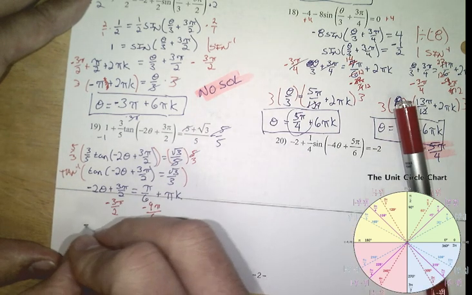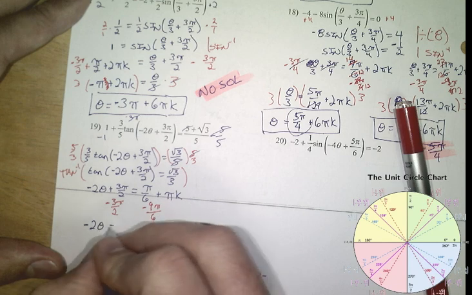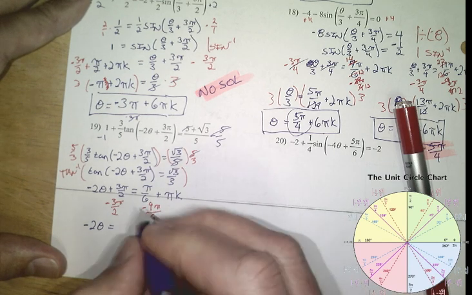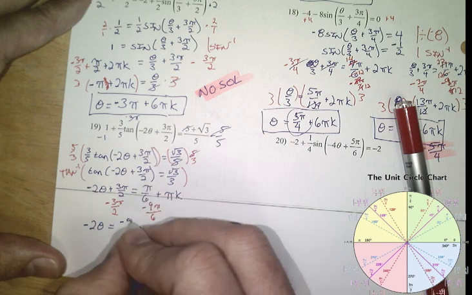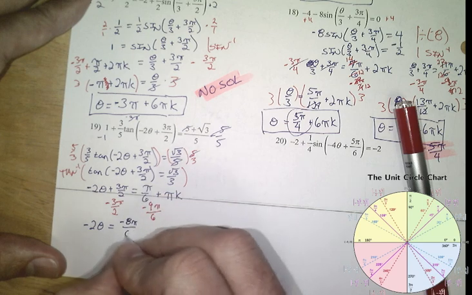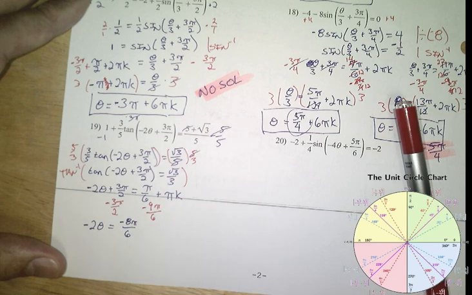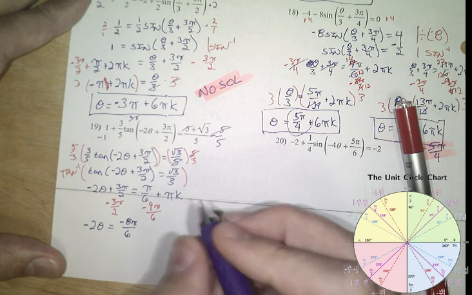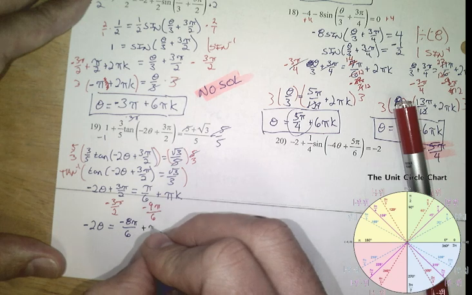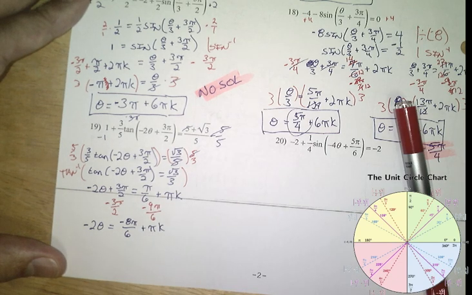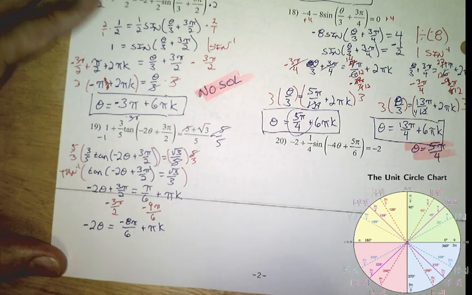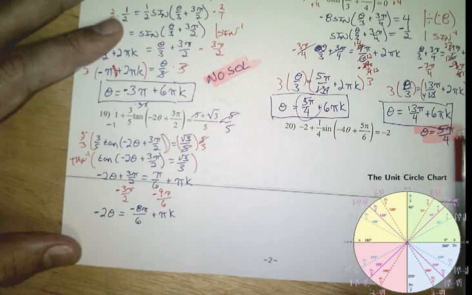So that gives us negative 2 theta is equal to 1 minus 9 is a negative 8 pi over 6 plus pi k. If you want to reduce that fraction, you can. Since I already wrote it, I'm going to leave it there for just a second.